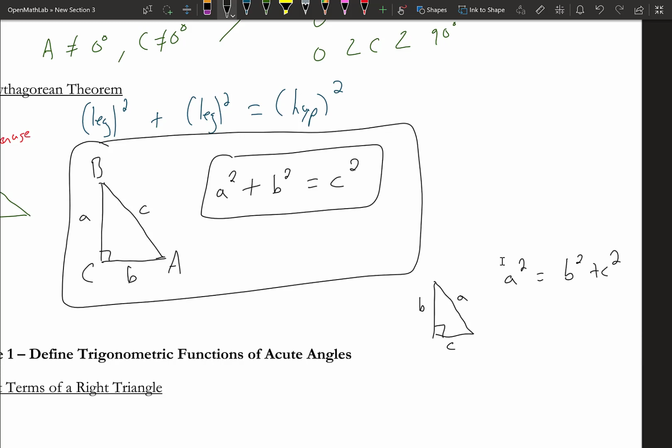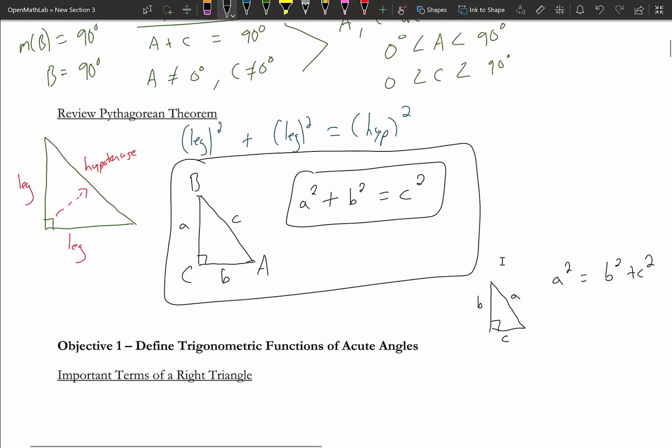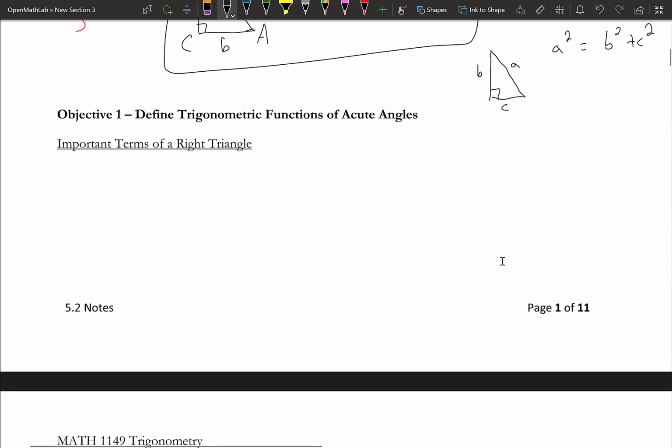It's the diagram that matters, where the parts of the diagram are labeled, that's more important than the actual letters. So you just want to be cognizant of that.